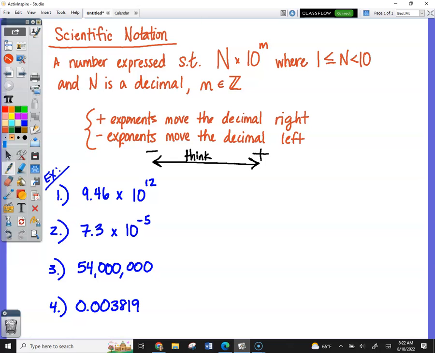Number two, because the exponent's negative, this is going to be a very small decimal. Then you can also see, because this is an expanded form and it's a large number, then your exponent will be positive, and then this one, your exponent will be negative.